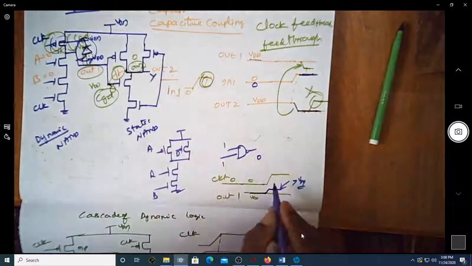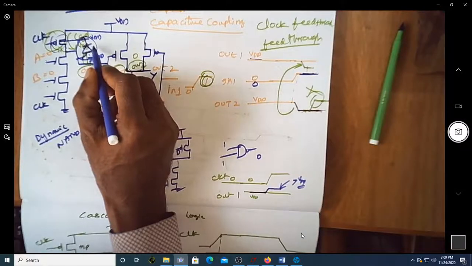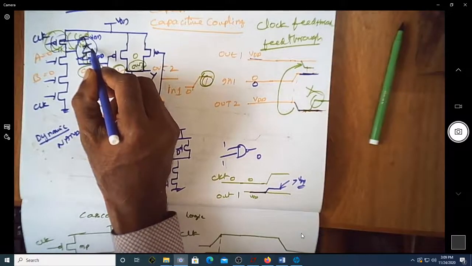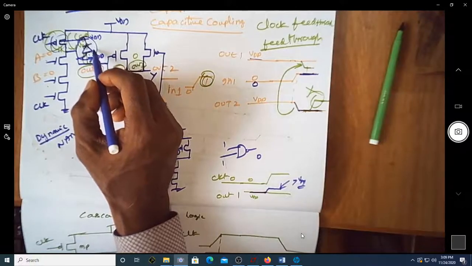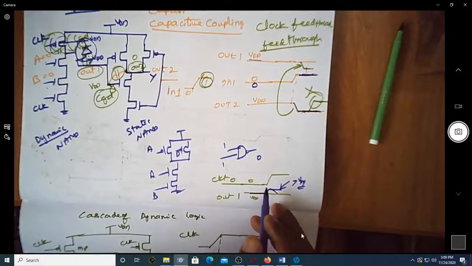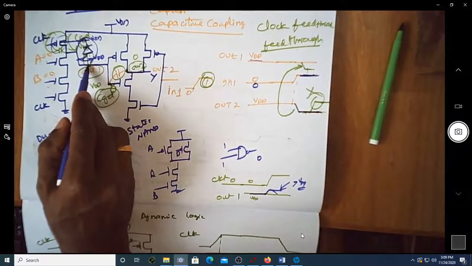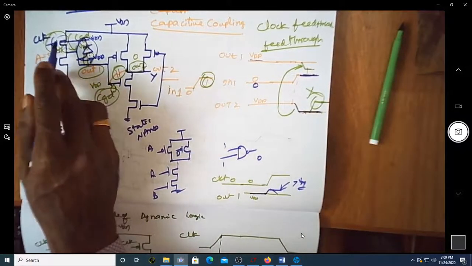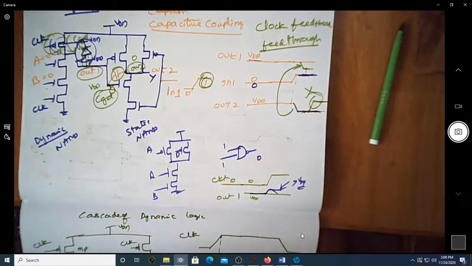Make sure that this increment in voltage is less than the cut-in voltage of this particular diode. We have to always ensure that this will never turn on because of this clock feed through. This concept of change in the voltage at this point to more than VDD due to the change in the clock voltage from 0 to VDD is called clock feed through.